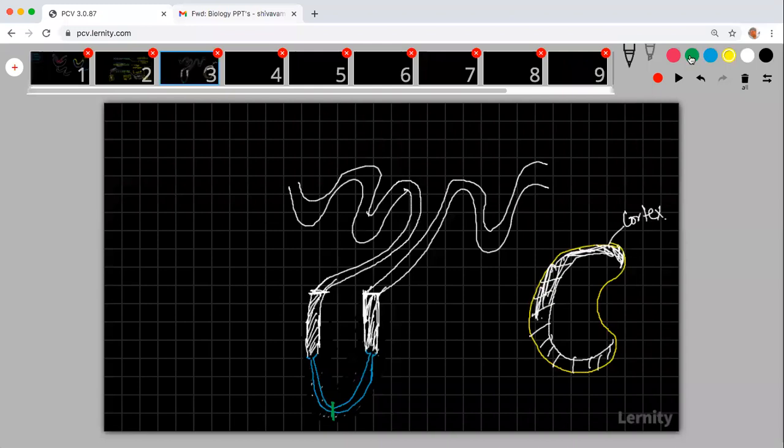Let me try to draw it. Let us say this is the cortex. Your proximal convoluted tubule will be like this. Your Bowman's capsule will be like this.